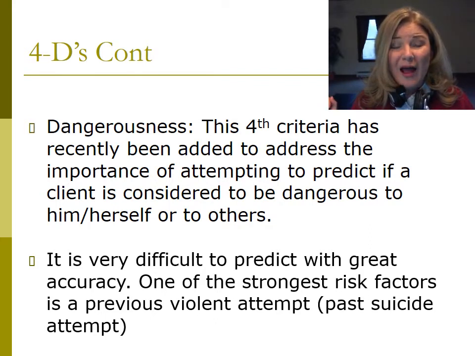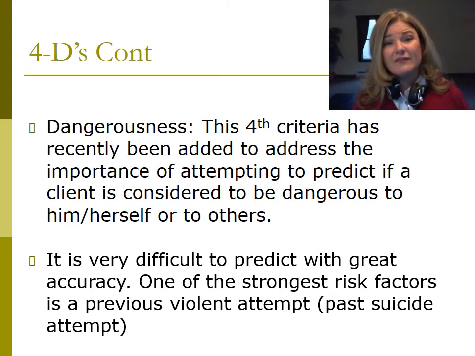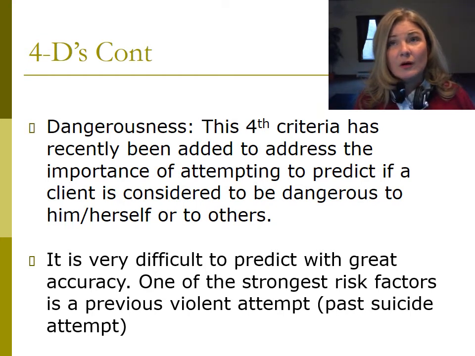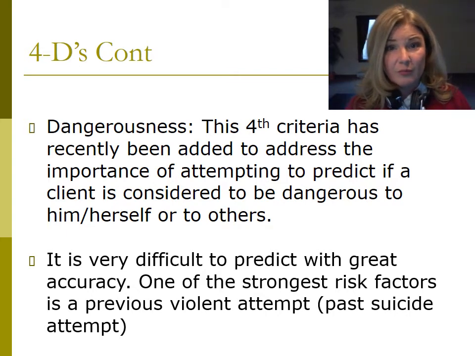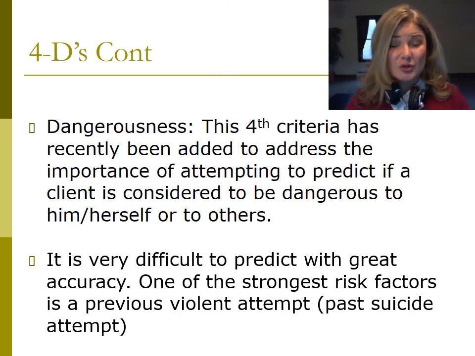But as a whole, we're not very good at predicting whether or not somebody is going to attempt suicide today. And it's very difficult because there's a lot of different factors that go into it. But we do consider that one of the four D's, and that does go in if somebody's dangerous. And that can also be, not just with suicidality, but also harm to others.